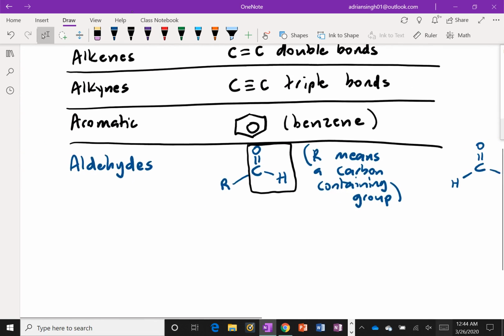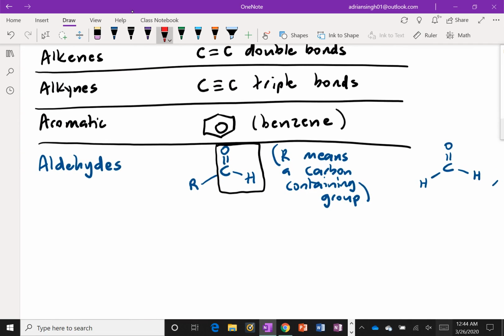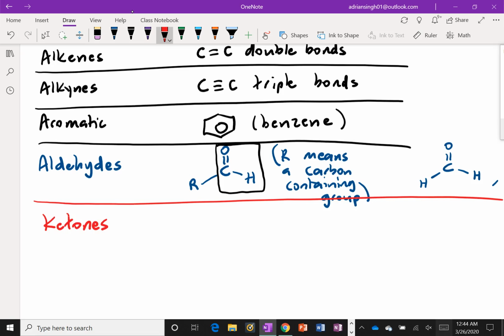A relative of an aldehyde is called a ketone. And a ketone is going to look just like an aldehyde, except now that C double bond O is surrounded by 2 carbons.